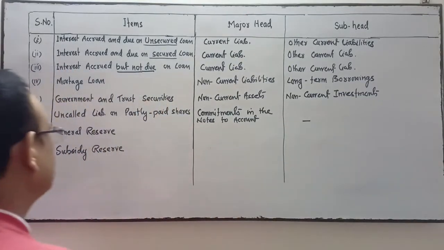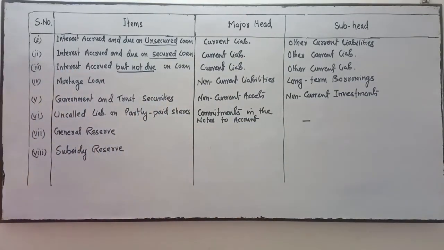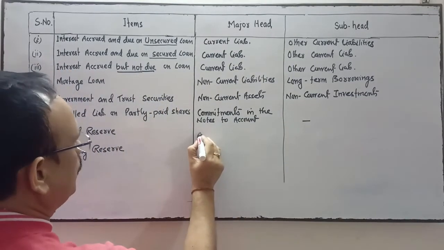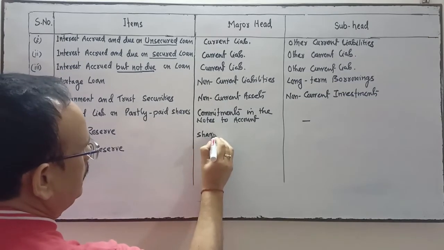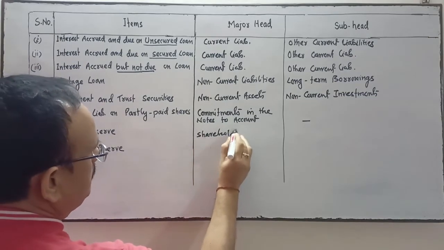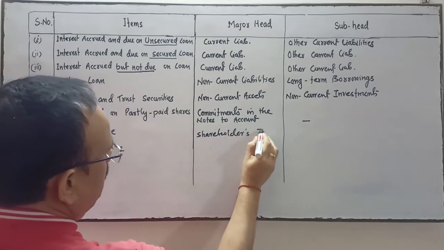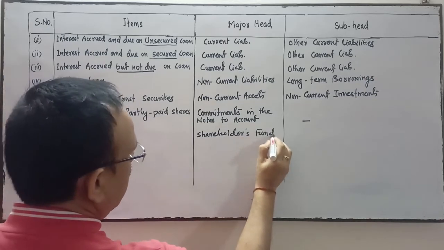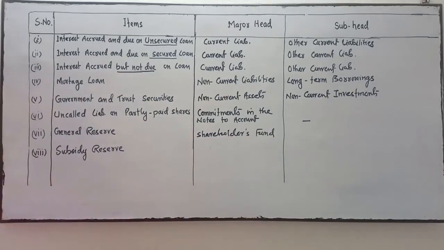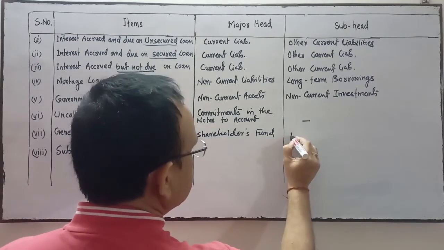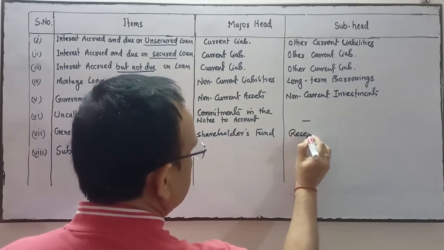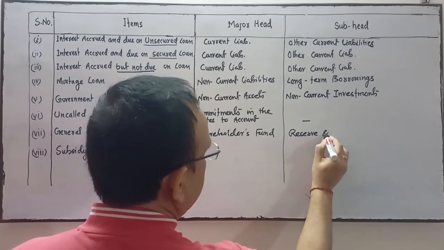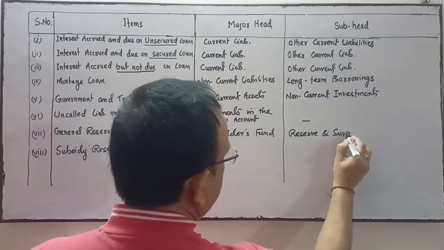General reserve comes under the shareholders' fund. Under the shareholders' fund, it comes under reserve and surplus.